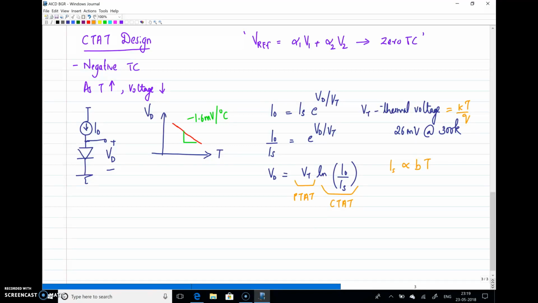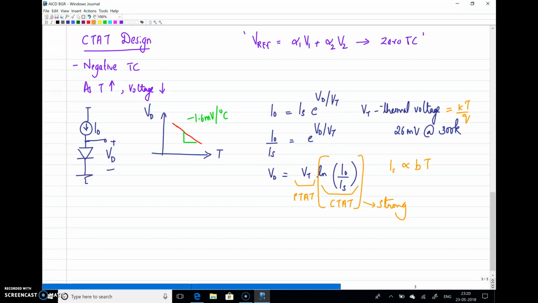So the diode voltage has two terms, one proportional to temperature, the other complementary to temperature. But whenever you plot diode voltage versus temperature, you will definitely get a CTAT behavior, because the ln I0 by Is term is strong here, because of the strong dependency of this Is term on temperature.